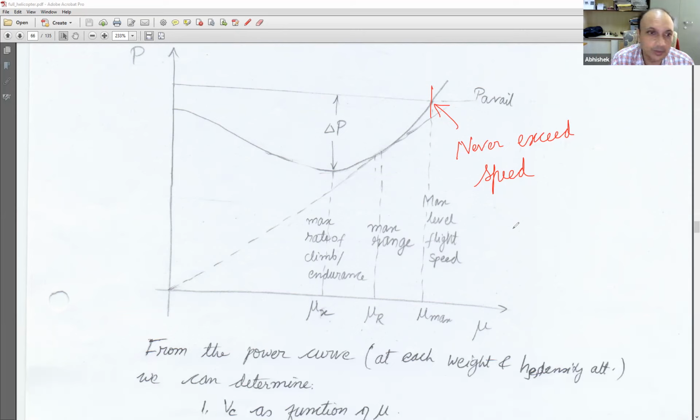I am worried about what physical characteristic or physical aspect of my helicopter is going to determine how much fuel I'm going to consume. My helicopter design here, I'm not talking about change in design. I have given you a helicopter. Now, what factors are going to tell how much fuel you're going to consume?